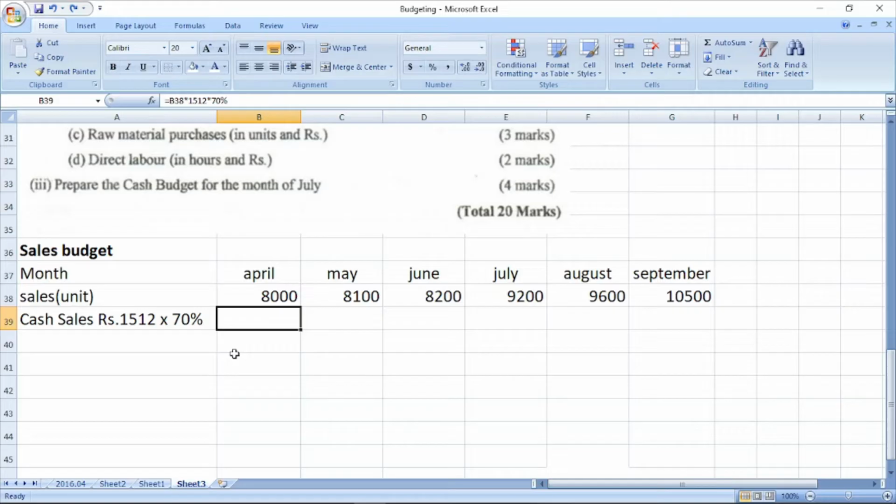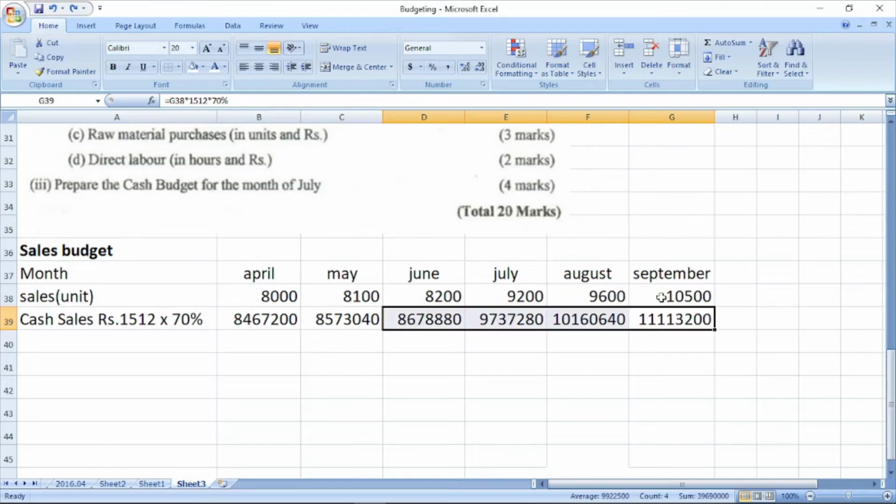So how do we get the cash sales amount? For April, 8000 into price 1512 into 70% gives the amount. Likewise get the other values. For the next month, 8100 into 1512 into 70%. Likewise get the other values.